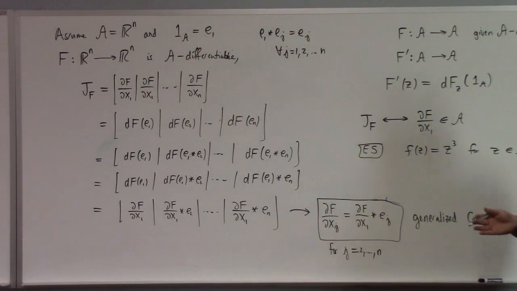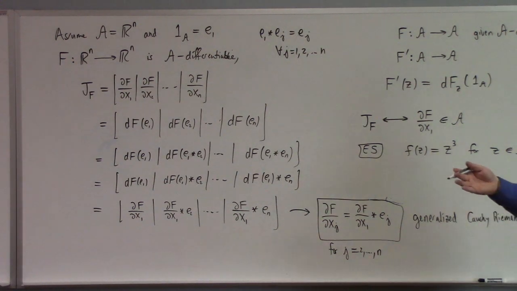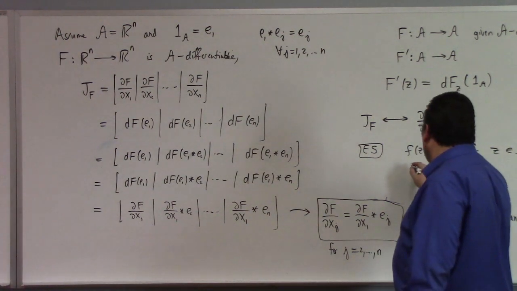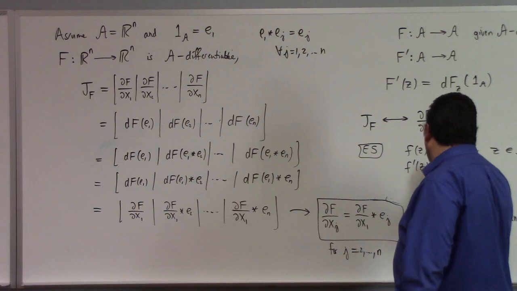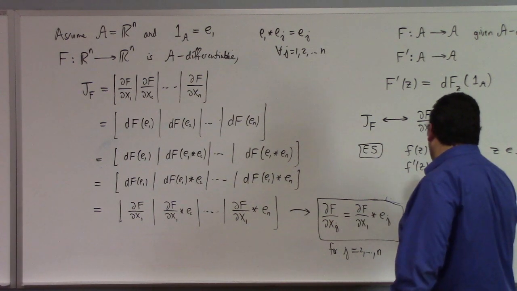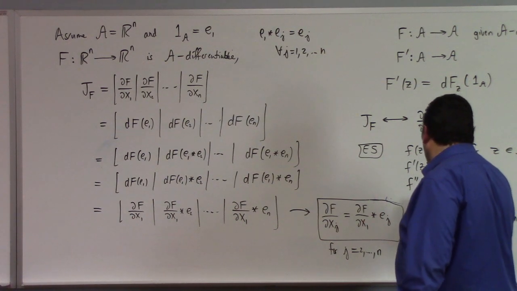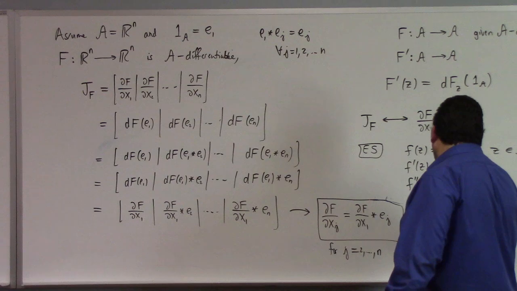In fact, there's a product rule. In my notes, I argue from that generalized product rule that I told you guys about that we actually have a product rule for A-differentiable functions. Using that product rule and some elementary lemmas, you find out that calculus works just like you expect. So f prime of z is 3z squared, f prime prime of z is 6z, and f prime prime prime of z is 6.